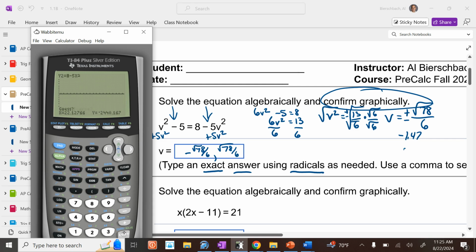Let's just go enter, enter, enter. Yeah, okay. Let's try that again. Second trace, 5. Zoom, 6.